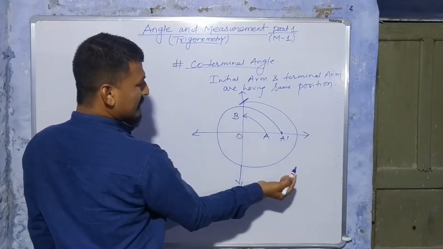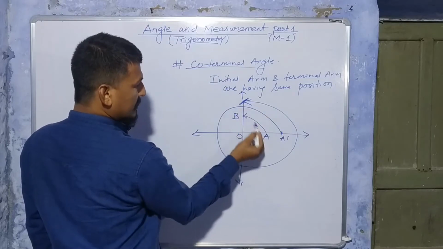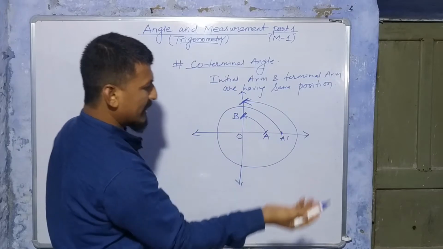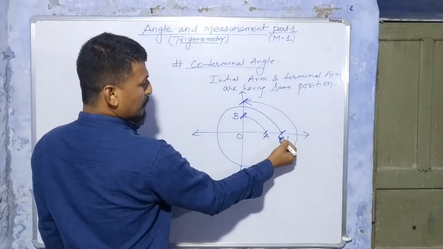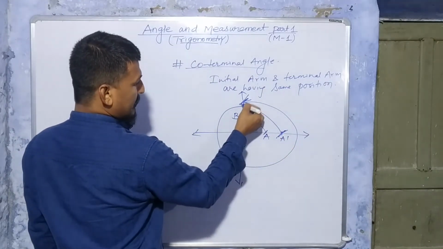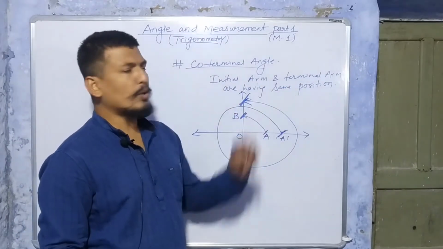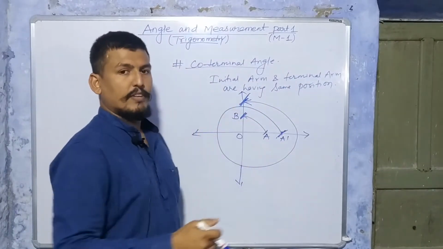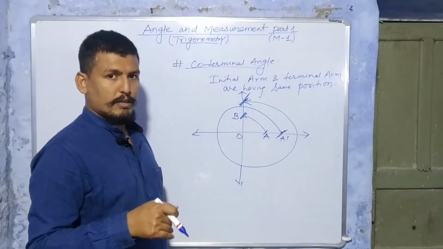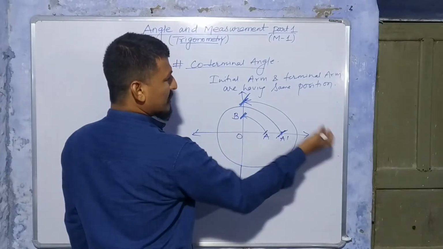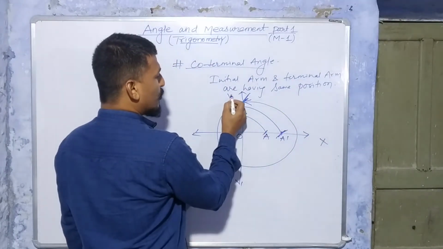So what was the initial point? Initial point was this one, ending point is this one. What about the second angle? In case of the second angle, initial point is this one and final point is this one, right? Means initial arm and terminal arm for both pair of angles are the same. If it is x-axis, then OX is the initial arm, and OY is what?